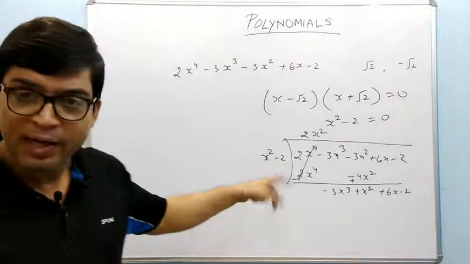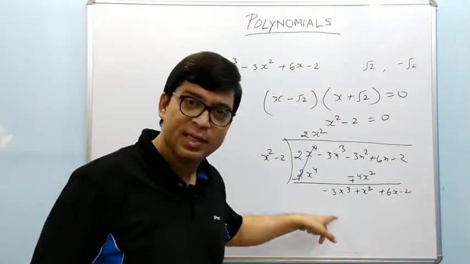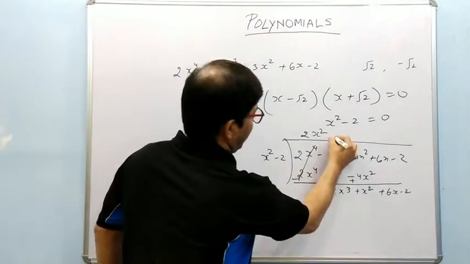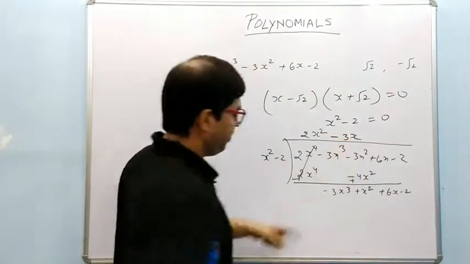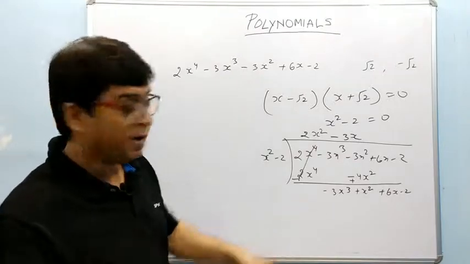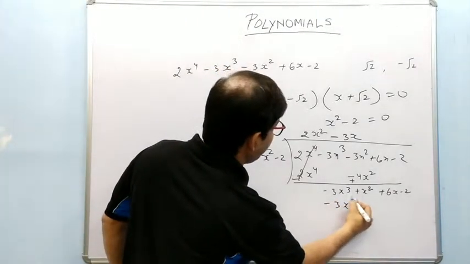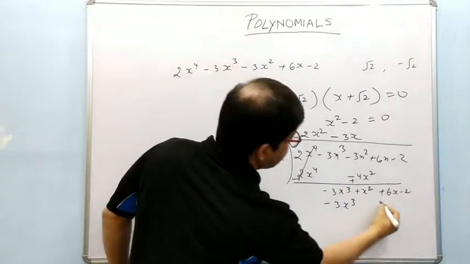Now we have to get rid of this highest power, so multiply by minus 3x, giving minus 3x cube plus 6x.